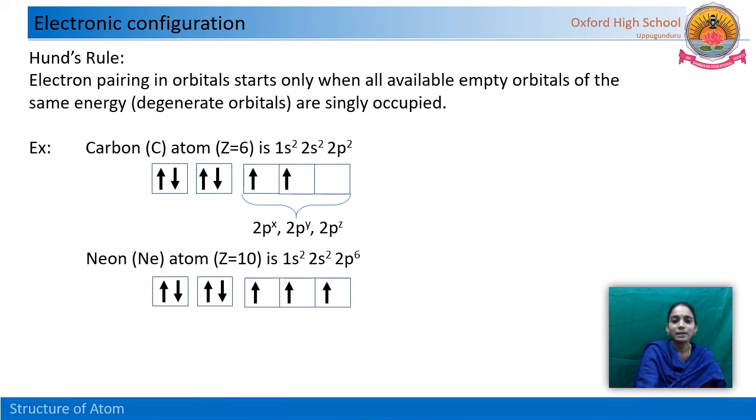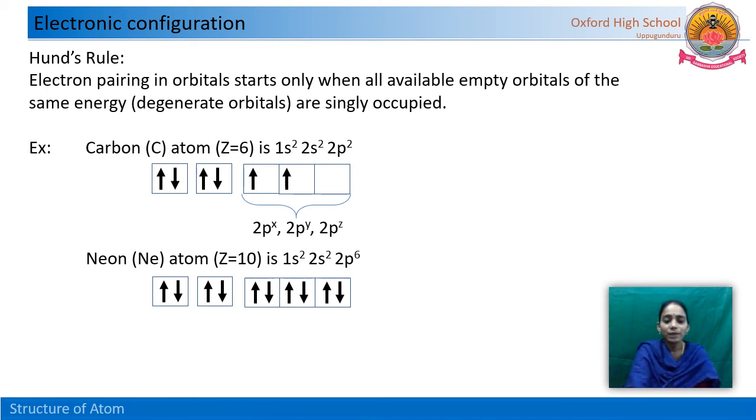After filling that, each of 2px, 2py, 2pz is filled with 1 electron each, the upward arrows first, and then the 3 are paired later. Rather than filling the first one with 2 electrons, we give 1 electron each to 2px, 2py, 2pz, and if more electrons are there, then we pair.